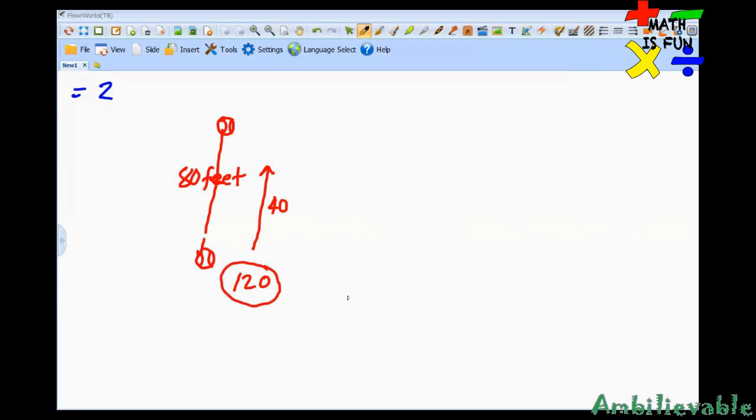And then we will divide by 2. So the next one is 60. That's the distance. The next one is 30, and then 15, and then divide by 2, which is 7.5.